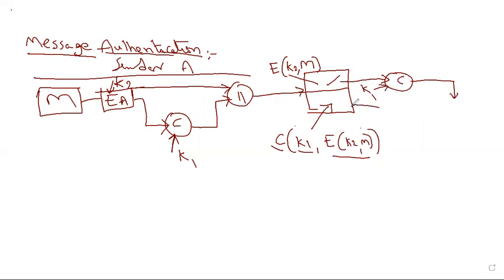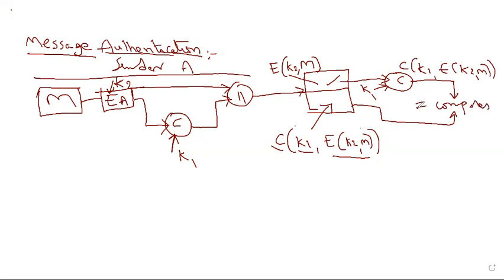This MAC code and the received MAC code are both compared, because the received MAC code is C of K1 comma E of K2 comma M. So E of K2 comma M is given as input to the MAC function, and this also becomes the same. Now, immediately after generating the MAC code, he also has the MAC code received from the sender, so he immediately compares these two.